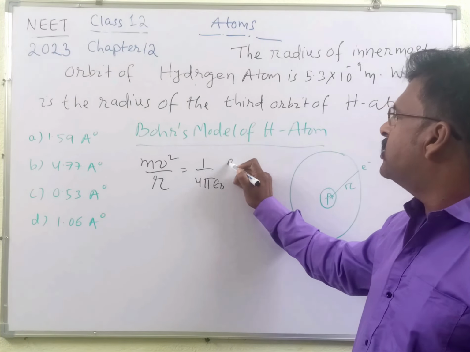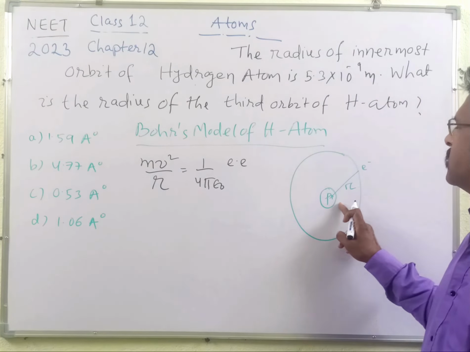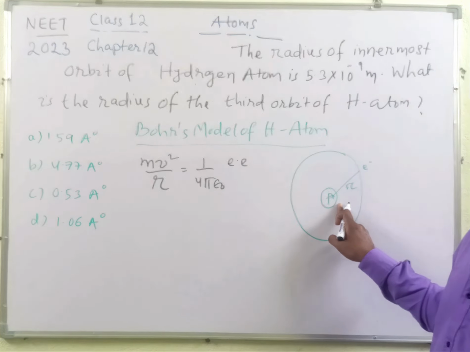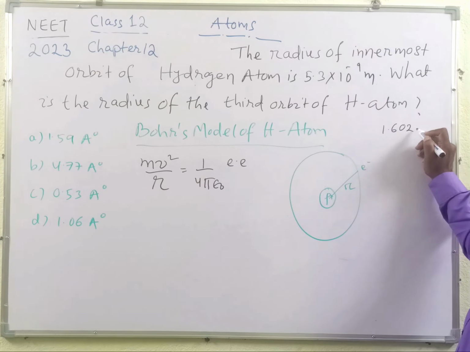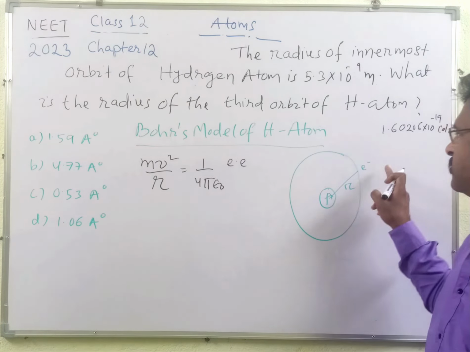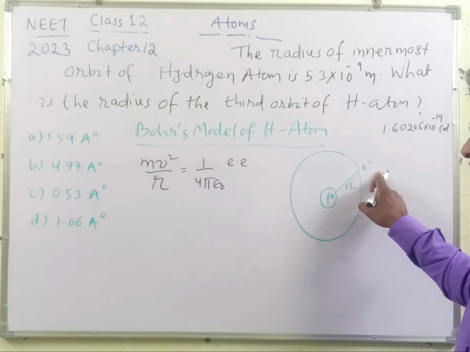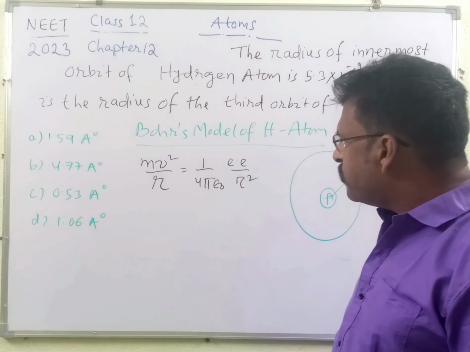And what are q1 and q2 here? The charge on the proton is equal to the charge on the electron, 1.602 into 10 to the power minus 19 coulomb, but the charge on the proton is positive and on the electron is negative. So we write e into e by r square.